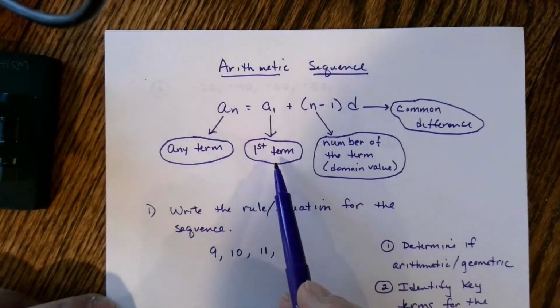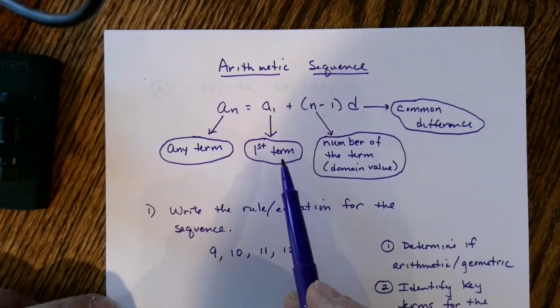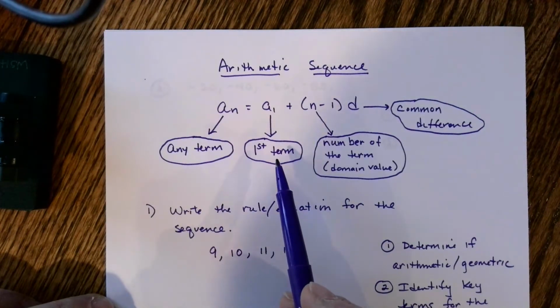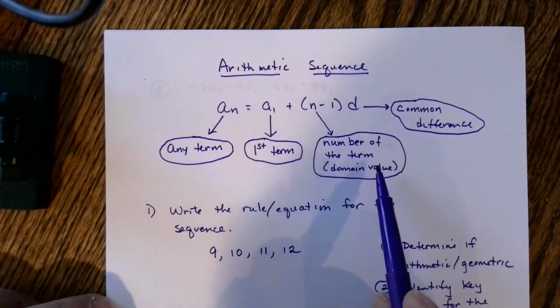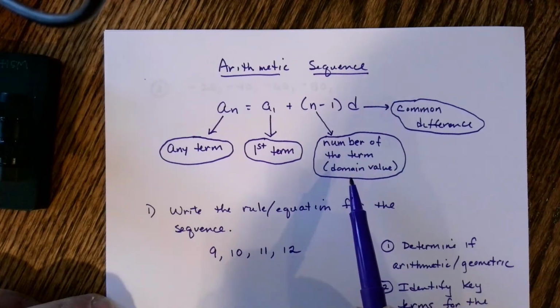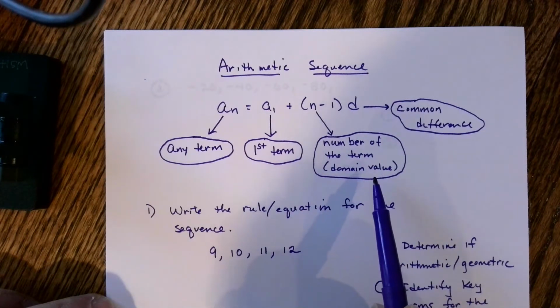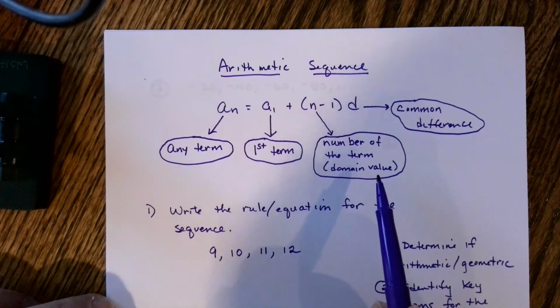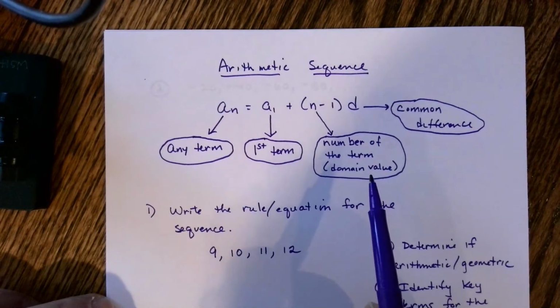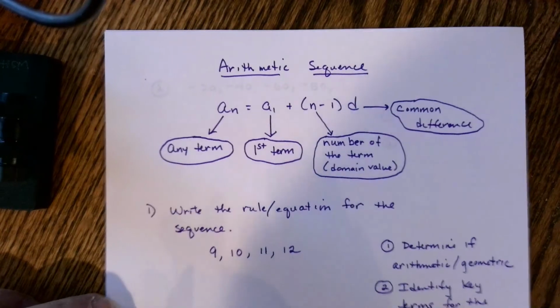The first term is needed because you have to know where you're starting in the sequence. The number of terms, which from our last lesson is our domain value, tells us which number we're dealing with in the sequence, the first, the second, the third, and so forth. And d is our common difference.